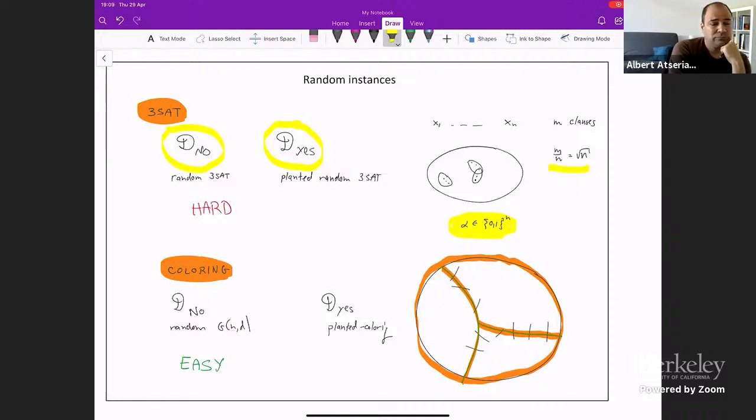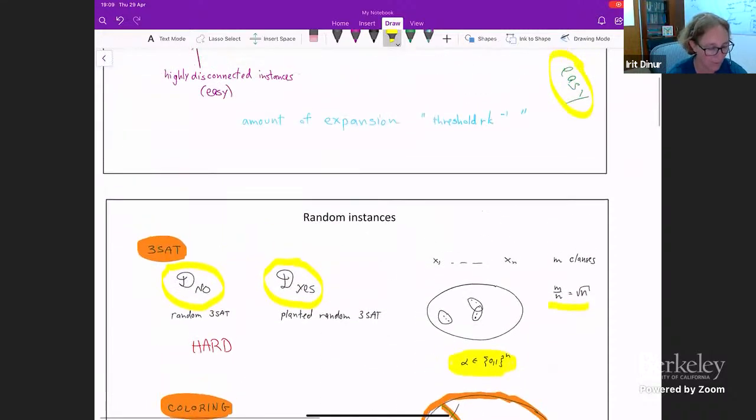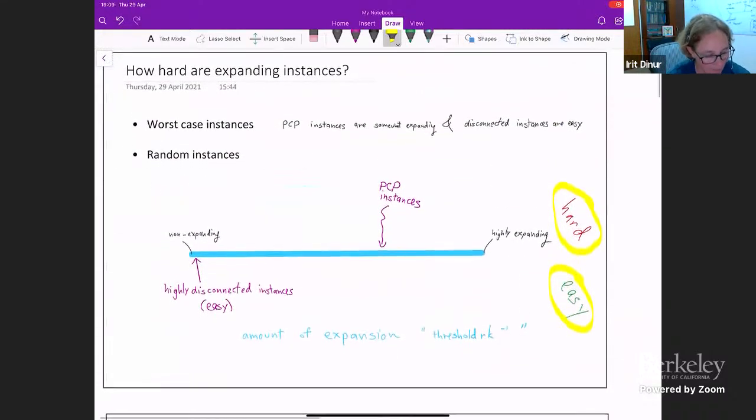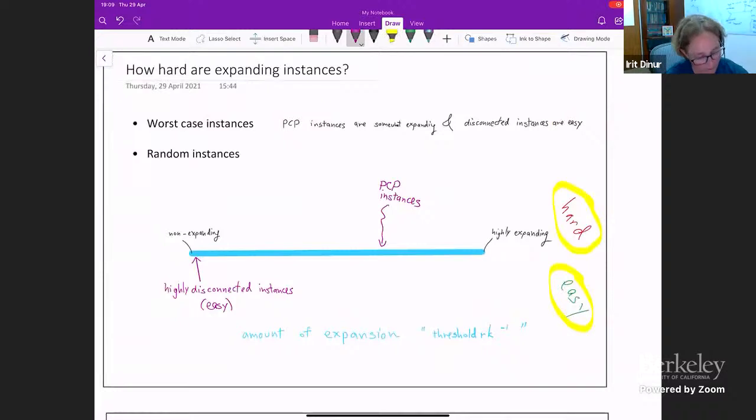Okay, so what is really going on here? Just to go back to this scale: random coloring, I draw it in the easy case because it's easy, using a spectral algorithm, whereas random 3-SAT is actually hard.